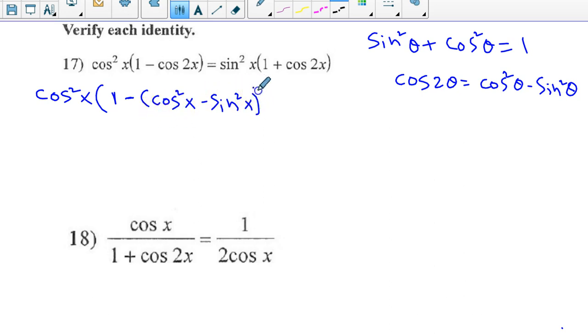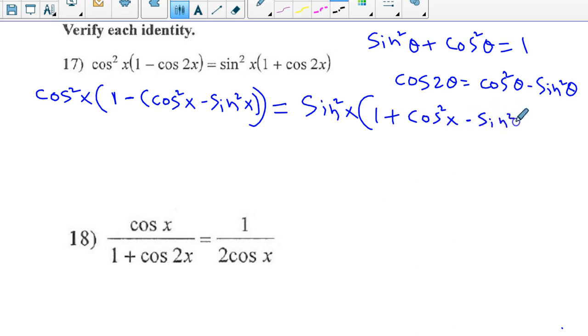And the first one is equal to sine square x times 1 plus, I don't need a parenthesis here because it is a plus, and the cosine 2x formula is what? Cosine square x, I'm just using the top one, minus sine square x, that gives you cosine 2x.